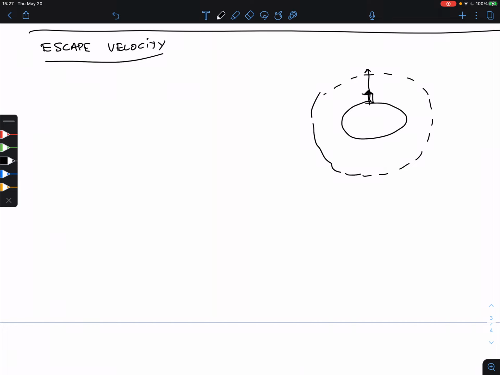Suppose that our rocket is going fast enough to go past the resistance of this atmosphere, and we reach a point where the atmosphere doesn't bother us anymore. In other words, there's no resistance of the atmosphere. If you're high enough in the stratosphere, the air is so thin that it doesn't make any resistance.